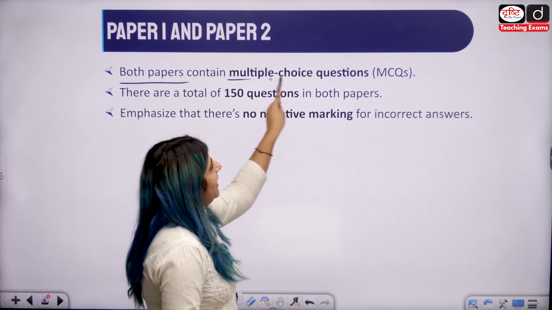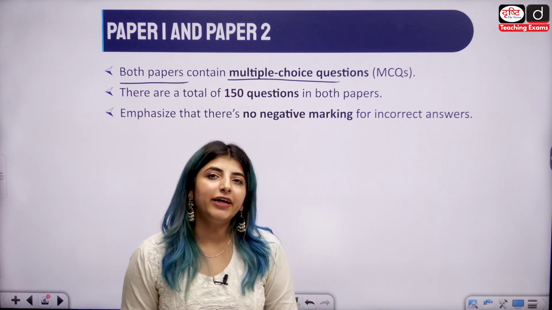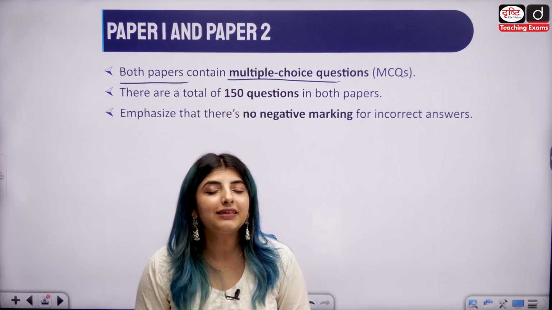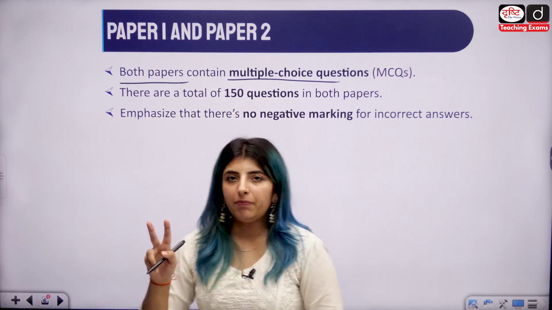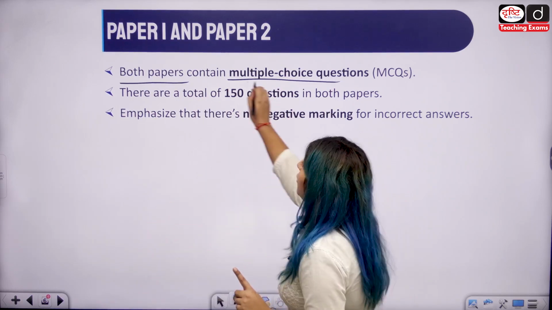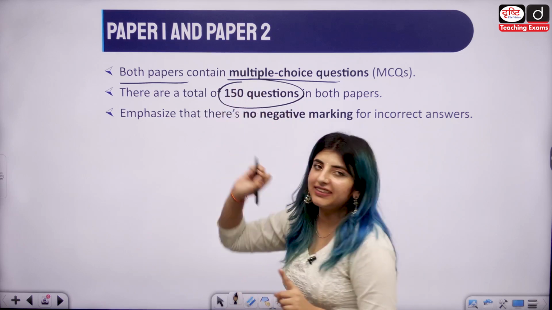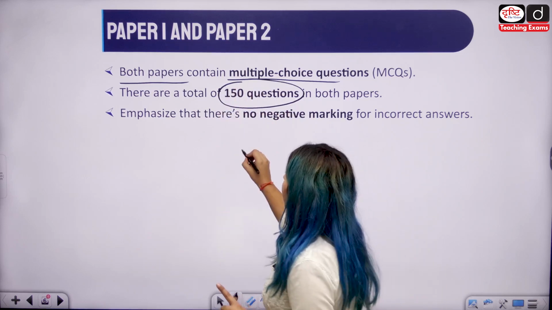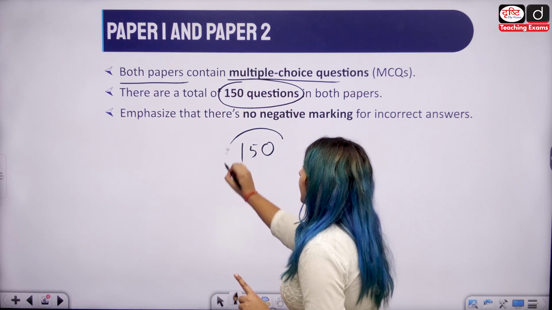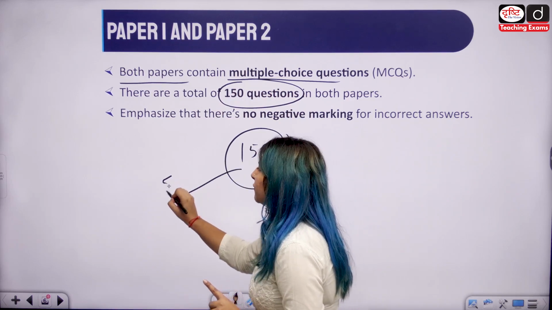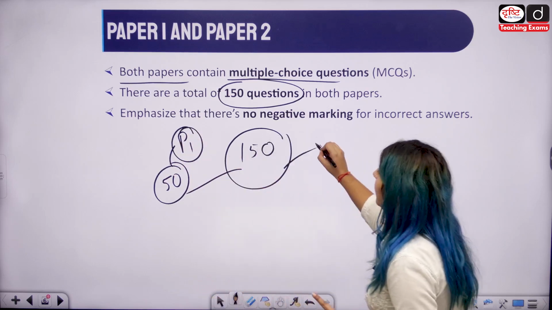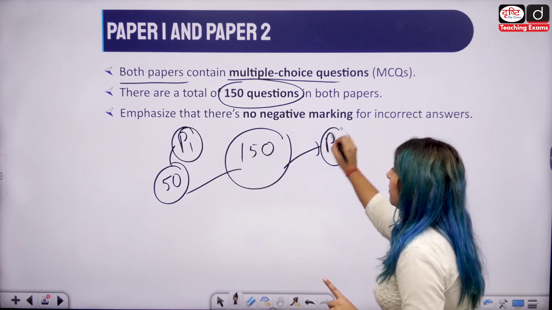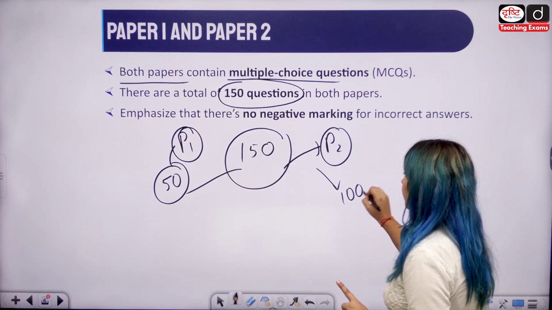Both papers contain MCQs, multiple choice questions, and we see that from both the papers, the total number of questions is 150 in its entirety, where out of these 150 questions, 50 are for paper 1, and 100 questions are from paper 2.